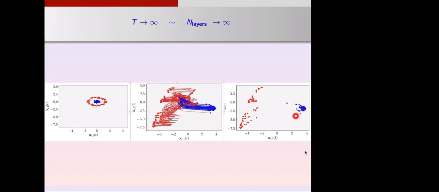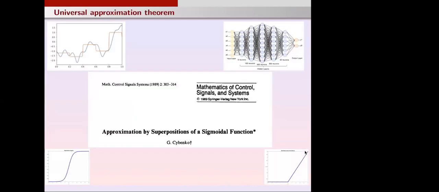Well, that's because the principle we have used, the density of sigmoidal superpositions, the universal approximation theorem, always leaves some error. This is just an approximation, so it's not exactly the function you aimed at.